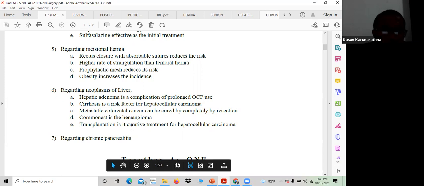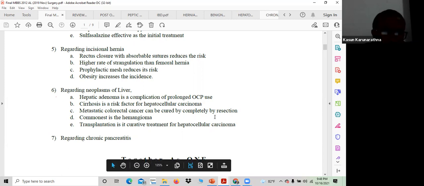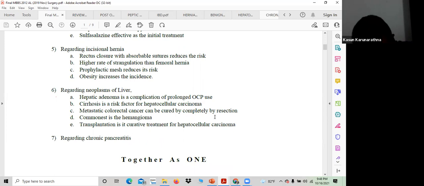Is transplantation a curative treatment for hepatocellular carcinoma? If this hepatocellular carcinoma is resectable, and there are indications for transplantation, right? Each and every hepatocellular carcinoma, you can't do the transplantation, right?